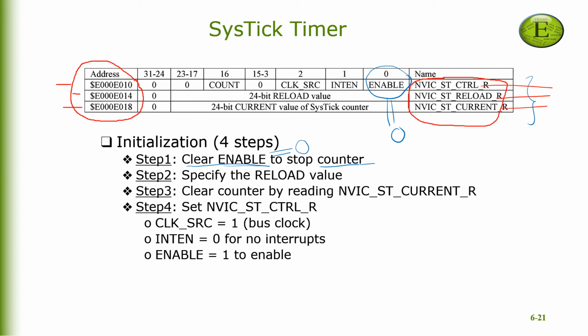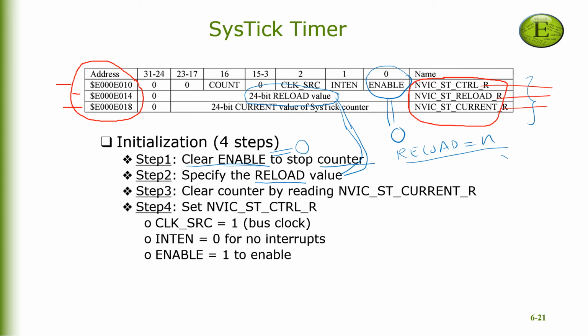The next step is to set the value of the NVIC reload register. Because it's a 24-bit timer, we're going to use the lower 24 bits to specify the 24-bit long reload value. So if the reload value is, let's say, some value n, then the timer is going to count down.